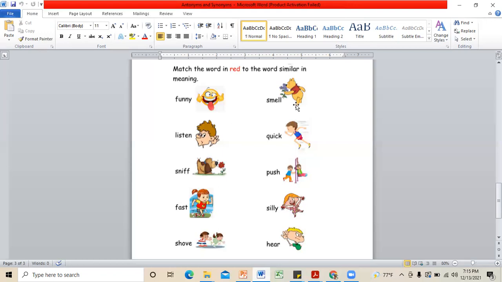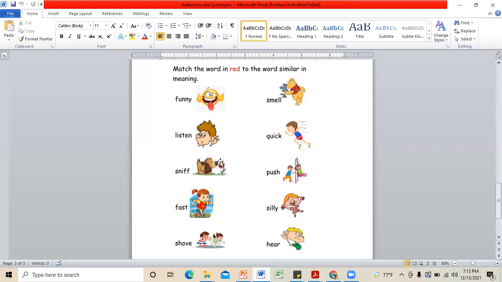You can see here the pictures. The pictures are given so that it is easy for you to identify. So if we take a flower, we smell it, right? The flowers have a nice smell. So we generally smell flowers.